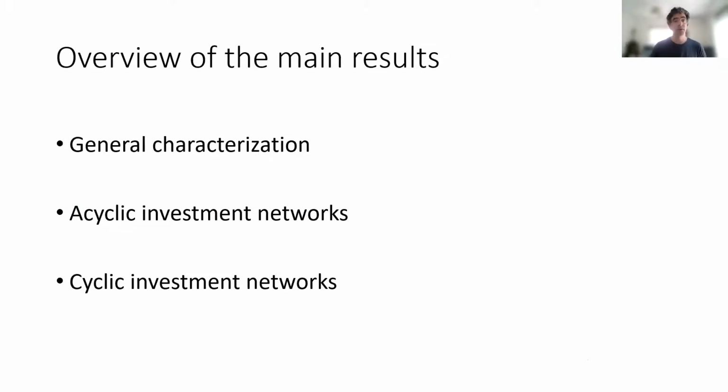So, overview of our main results. First, we have results that are general to any network, general characterizations. And then we make a distinction between cyclic and acyclic investment networks. We show that the situation is quite different in these two settings.